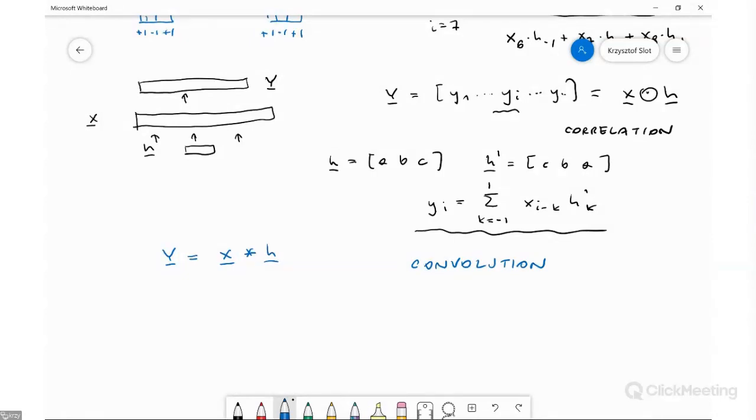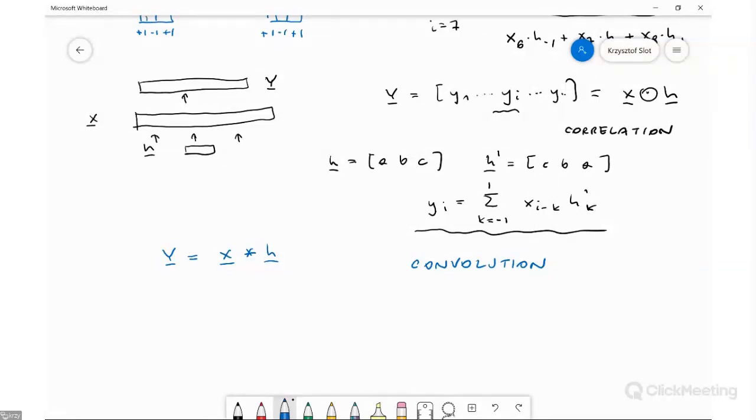Convolution is preferred over correlation, although it looks a little weird, because I'm pretty sure you have heard about signal transformations using Fourier basis functions, the Fourier transform or discrete Fourier transform.